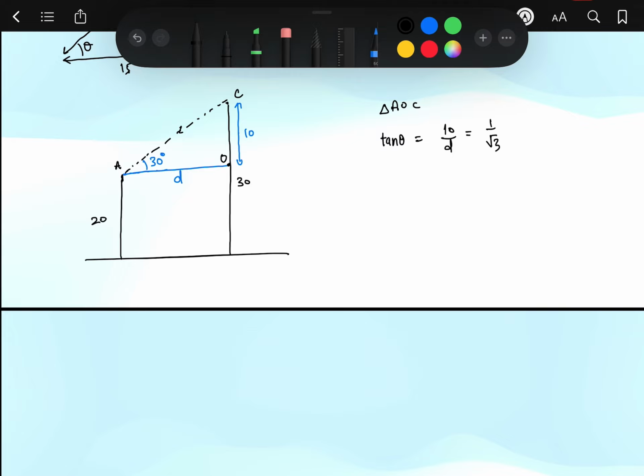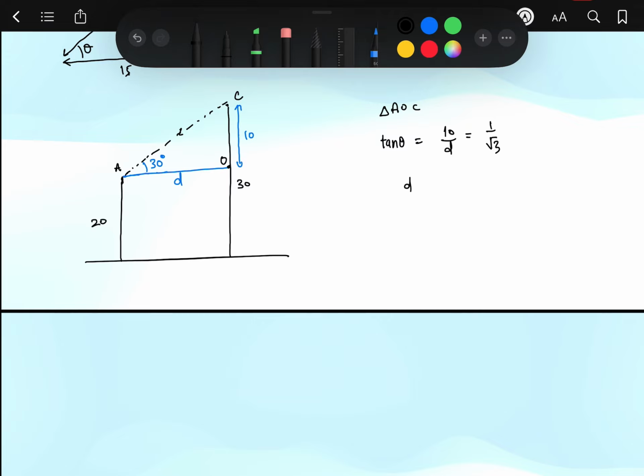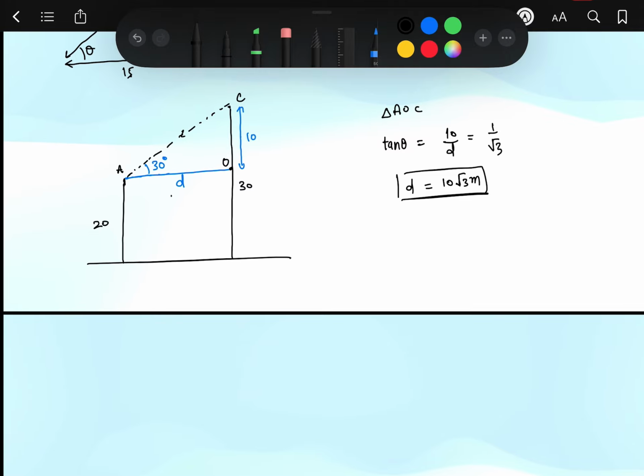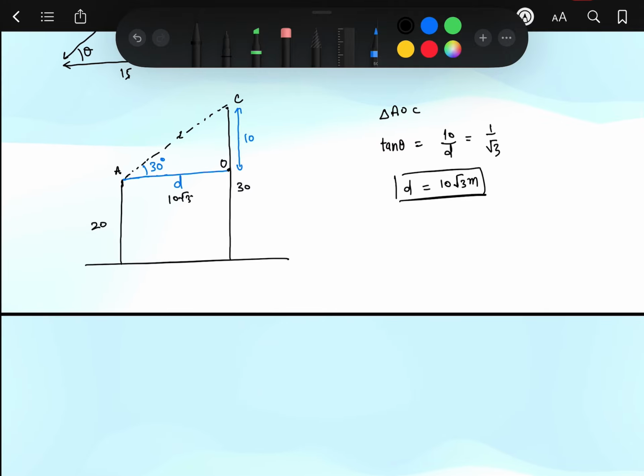So the value of d we will easily get is 10 root 3 meter. So this is our answer for the first question: d will be 10 root 3 meter.